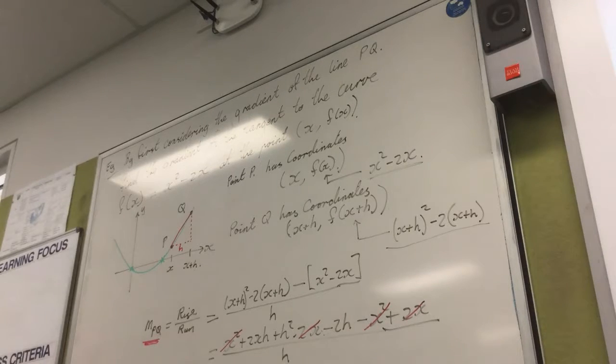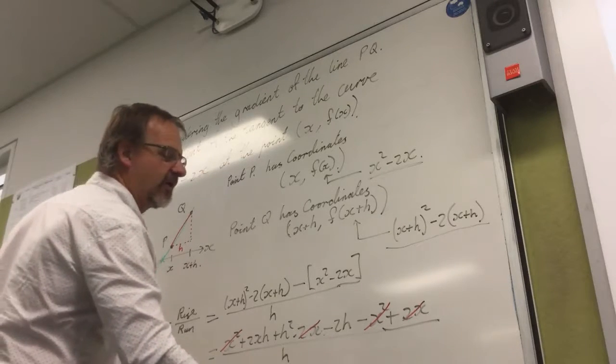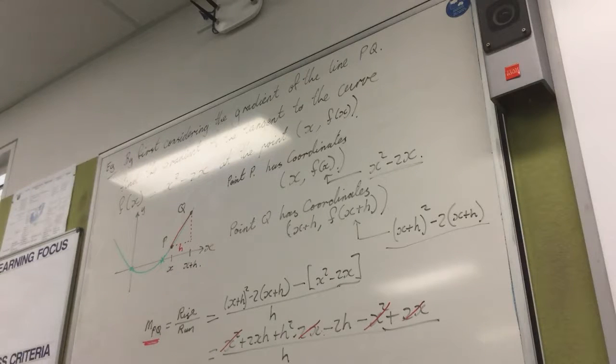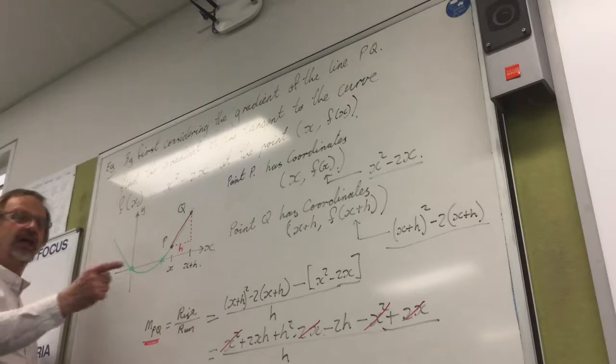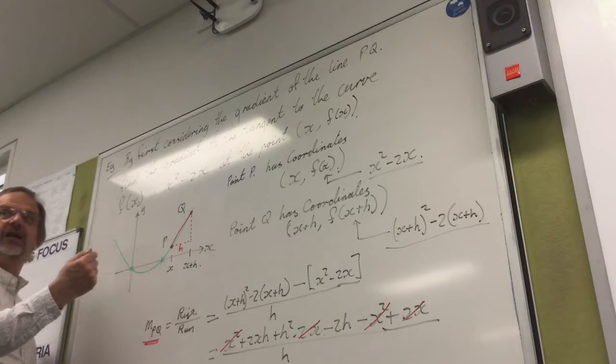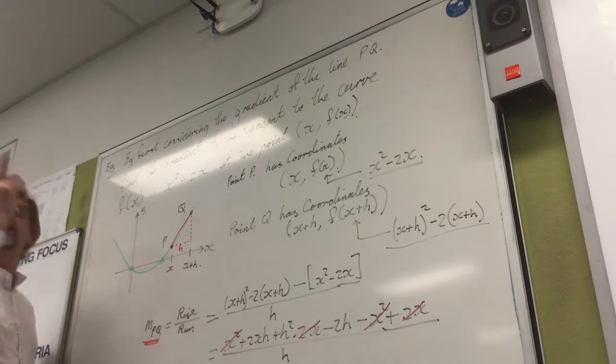Right, so first considering the gradient of the line PQ, this is our gradient of our line PQ. It says find the gradient of the tangent to the curve. So the relationship between the gradient of the tangent and the gradient of PQ is that h goes towards 0.